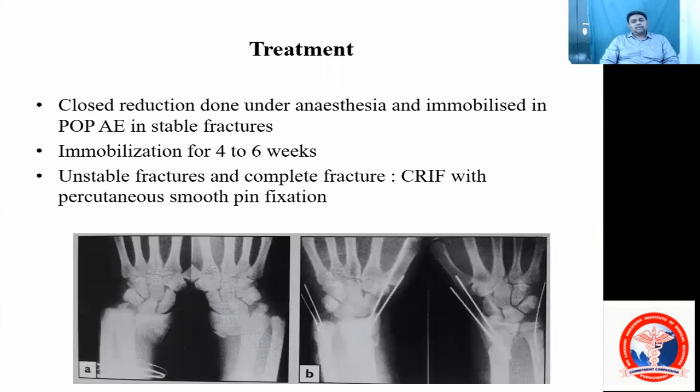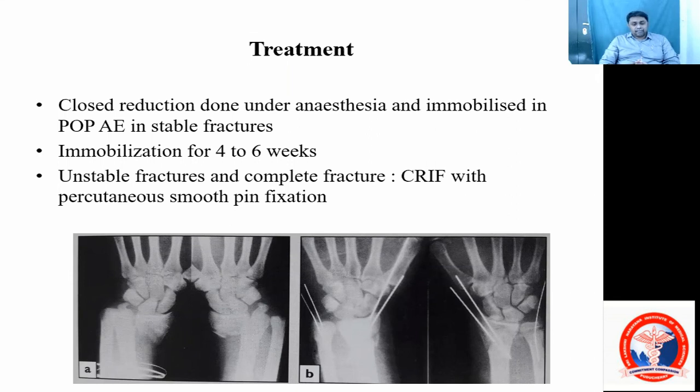Whenever the epiphysis is involved, and in the Salter-Harris classification it is type 2 or more, then the prognosis is not that good, because if there is a complete epiphyseal fracture and it is not reduced properly, then growth disturbance will be there. So ideally, for these types of fracture, surgical line of treatment is the best option.